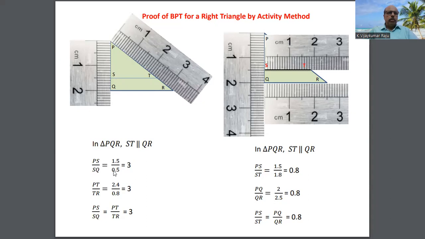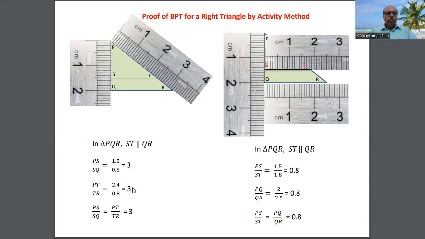So 1.5 upon 0.5 is 3. That means PS upon SQ is 3. Now let us take the other side, that is the hypotenuse of this right triangle. That is PT upon TR. PT is 2.4 centimeters, TR is 0.8 centimeters. So this happens to be 3.